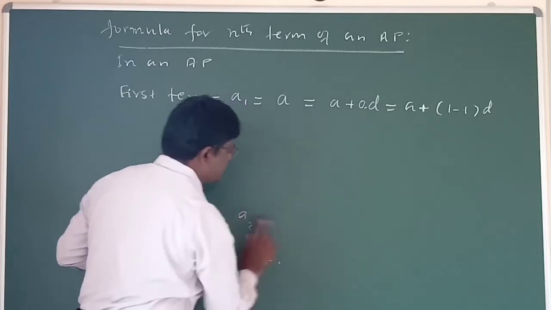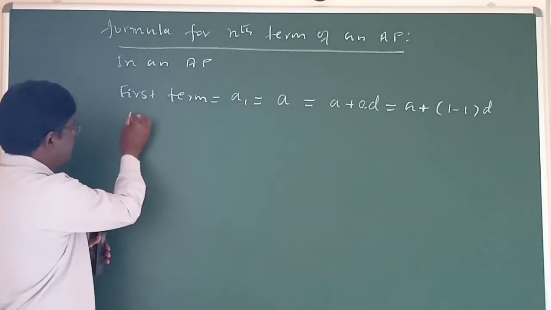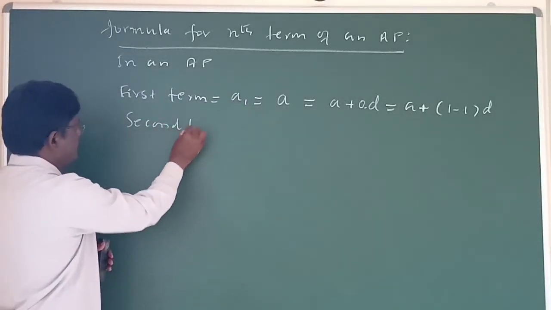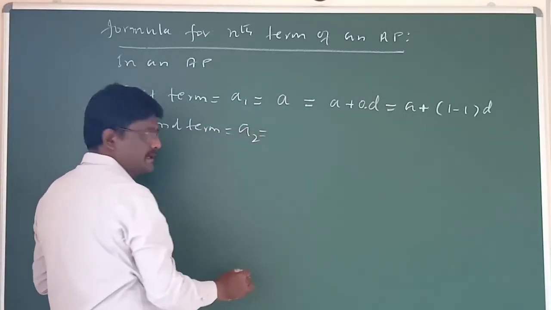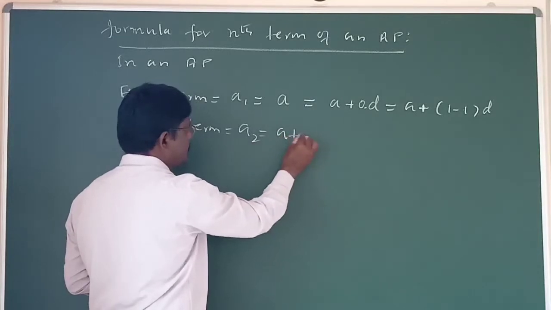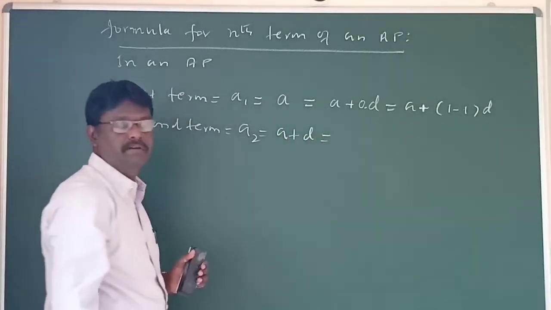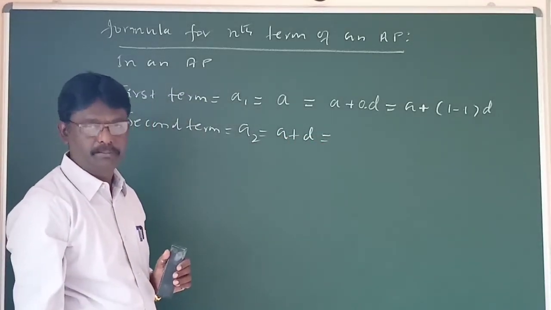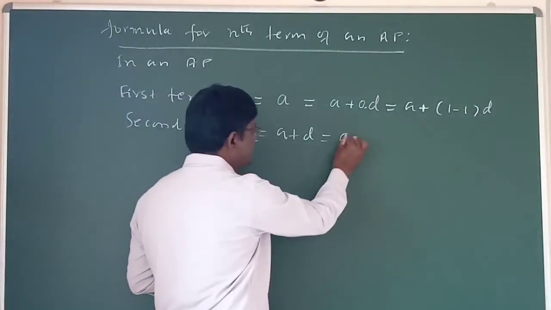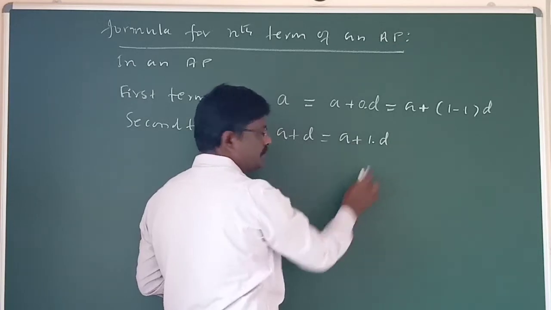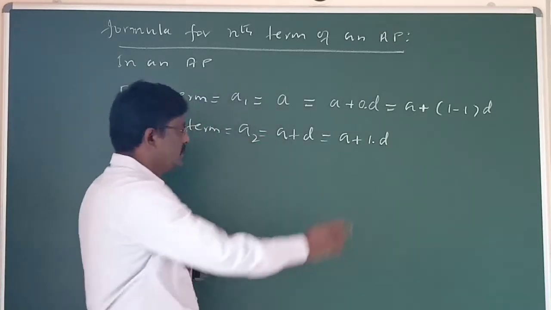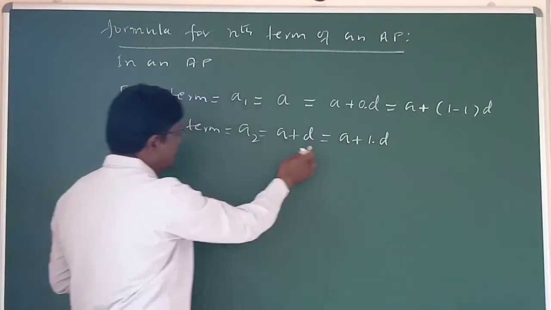Let us take the second term, A2. In an AP, we know the second term is what? a plus d, in the general form of an AP. This a plus d can be written as a plus 1 into d. What is 1 into d? d. a plus d is A2.